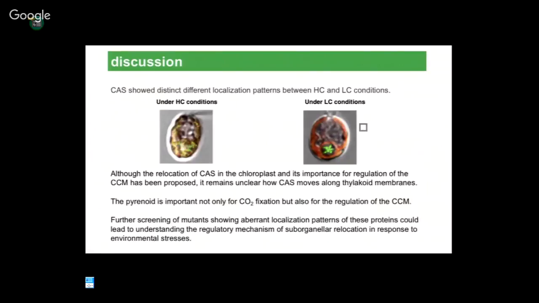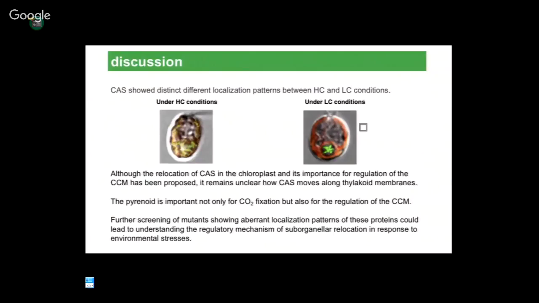Thank you very much. I have some additional comments about this movement of the protein inside the pyrenoid. The CAS protein's expression or accumulation level is not changed constitutively, but its location is changed quite drastically by only changing the CO2 level.